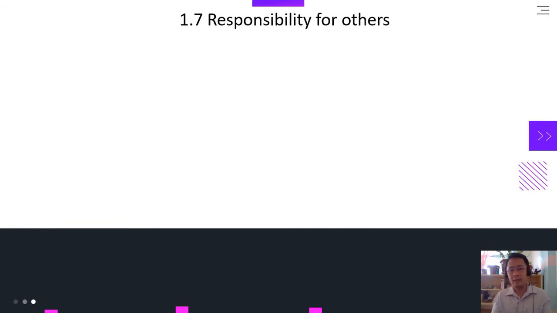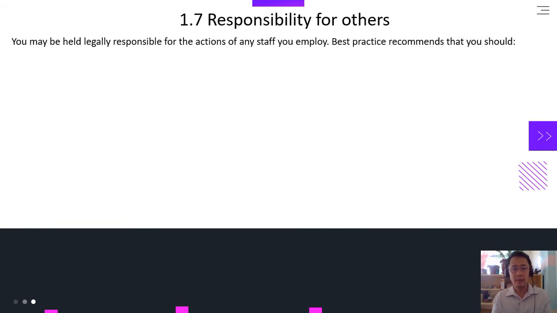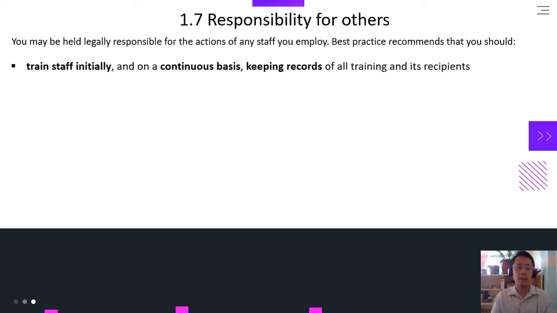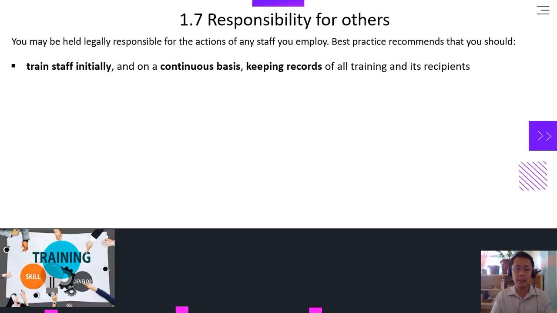And lastly, the responsibility for others. You may be held legally responsible for the actions of any staff you employ. Best practice recommends that you, number one, train your staff initially and on a continuous basis, and also keep records of all the trainings and their recipients.